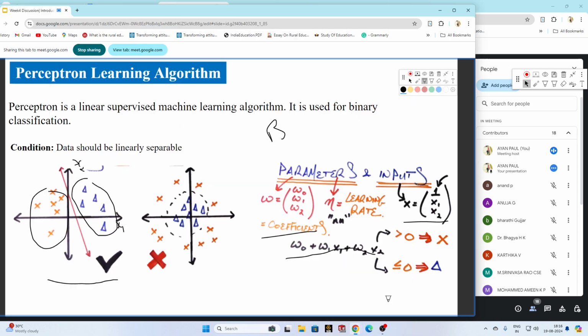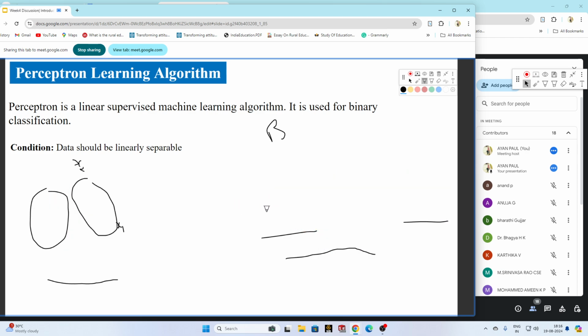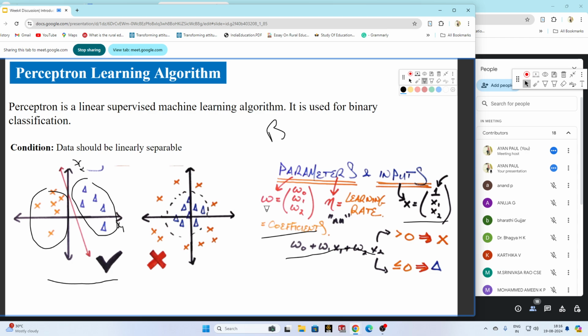So to avoid this, we have to update our weights. This is the concept of the perceptron learning algorithm.